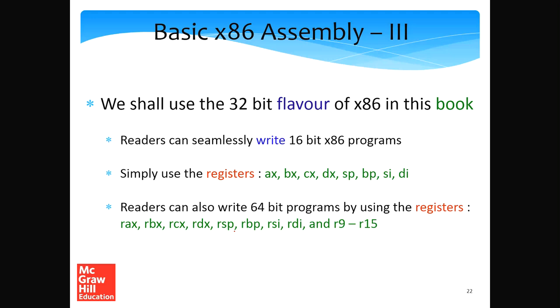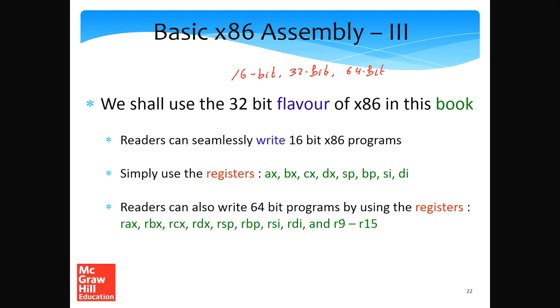When that arises, I'll tell you what needs to be done to write the 16-bit or the 64-bit variants of those instructions. But in general, converting a program between any of the three flavors, 16-bit, 32-bit, and 64-bit, is easy. Only the register names have to be changed.